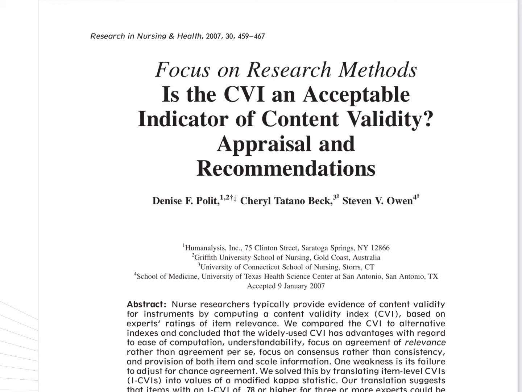Now the good thing here, in this article, it gives you the definitions of these terms, of the different kinds of content validity. It also shows you the equations for working them out. It gives you parameters and it shows you a worked example. I'm going to use some of that here.